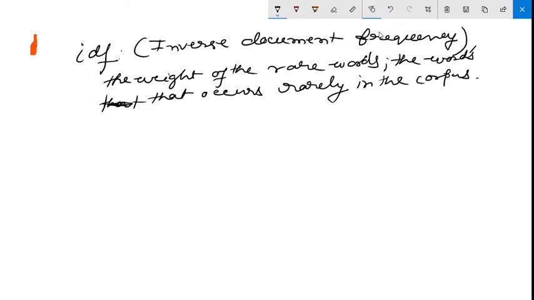Corpus means the total data that is given to you. Rare words in the corpus have a high IDF score. So what is the formula?